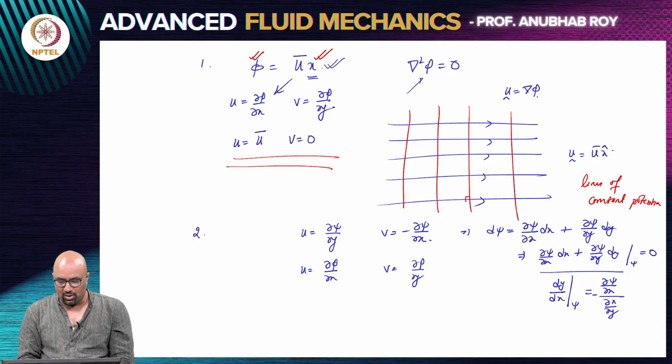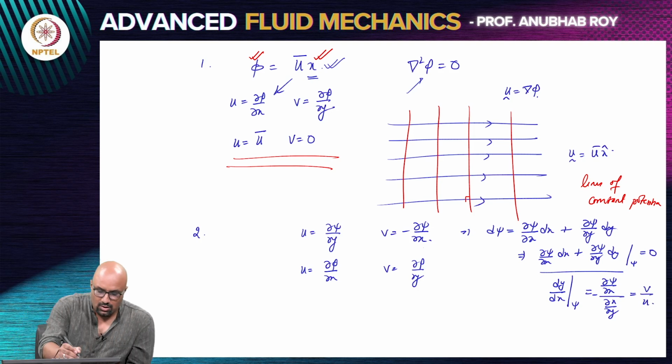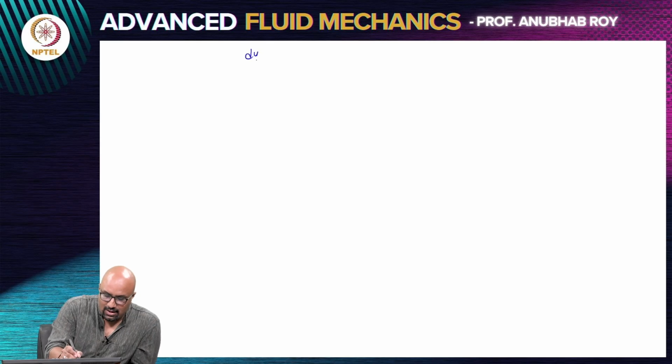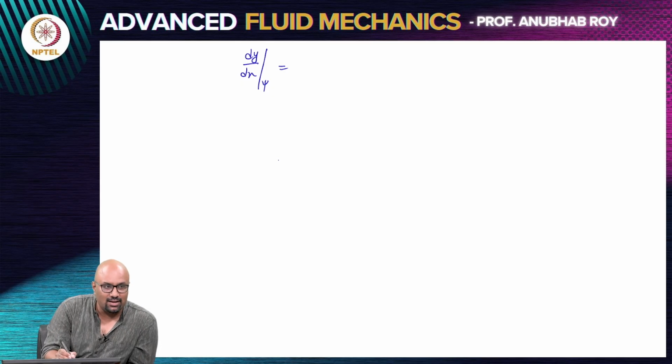Now, what is ∂ψ/∂x? Minus v. So, this becomes v by u. So, I have dy/dx along a line of constant psi is equal to v by u.